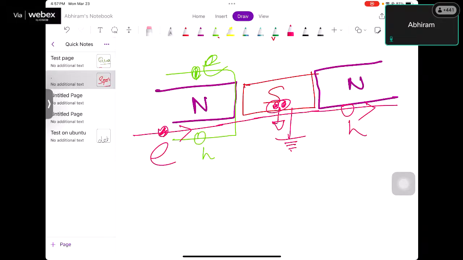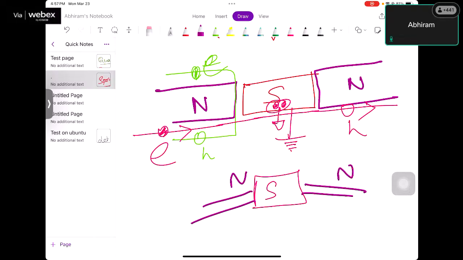You take a superconductor and connect two normal metals, and then apply a bias from the superconductor to the normal metals. Then the two electrons from the Cooper pair split: one electron goes into one normal metal, and the other electron goes into the other normal metal. This is called Cooper pair splitting.